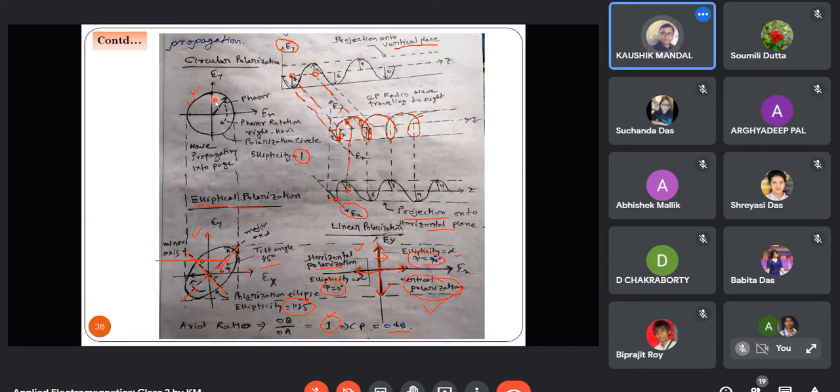So in case of linear polarization, phi will be 0, and in case of vertical polarization, it will also be phi equal to 90 degrees, but the condition is that there will only be change in the vertical direction.